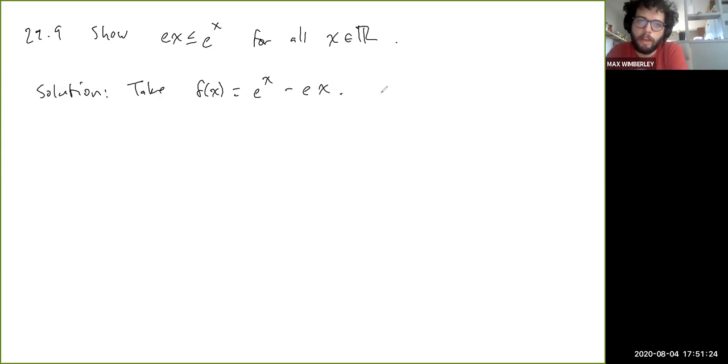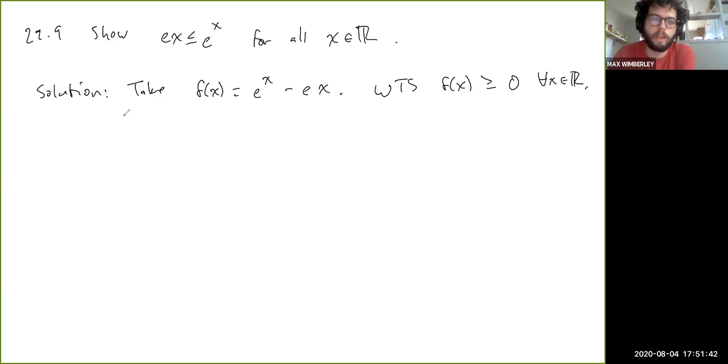Then we just want to show that f of x is greater than or equal to 0 for all x in R. Let's look at f prime of x first. So f prime of x is just e to the x minus e, right?